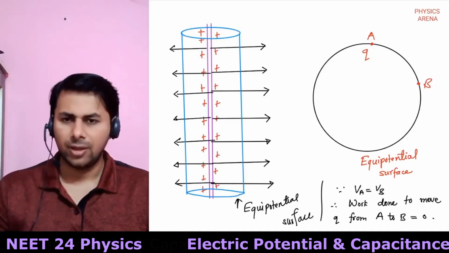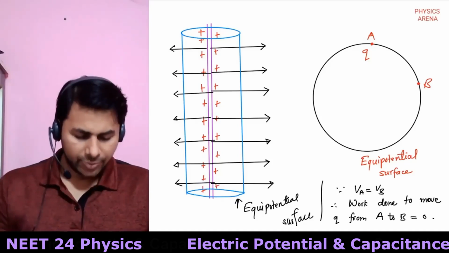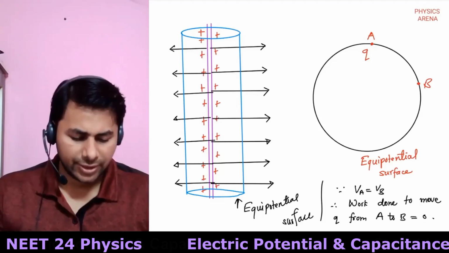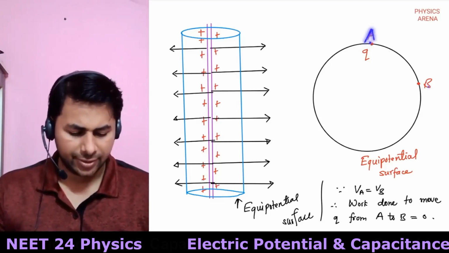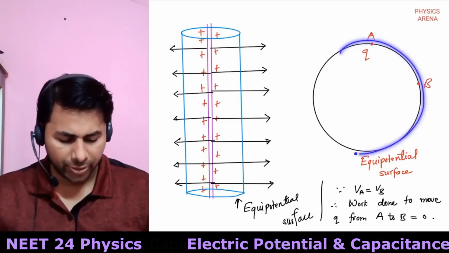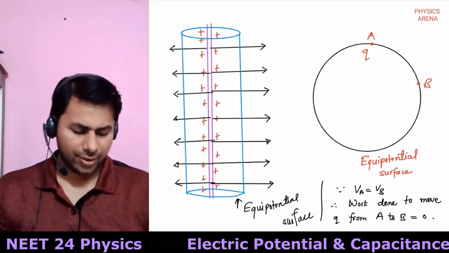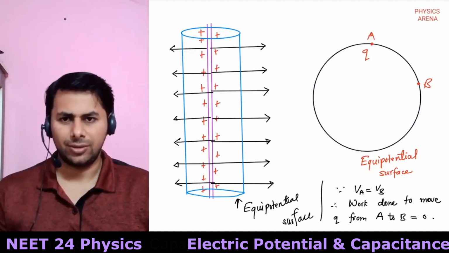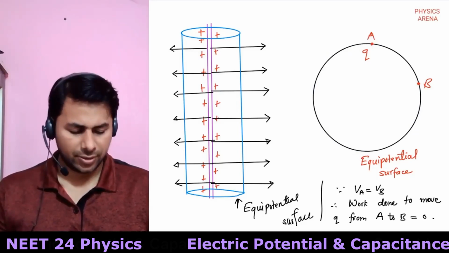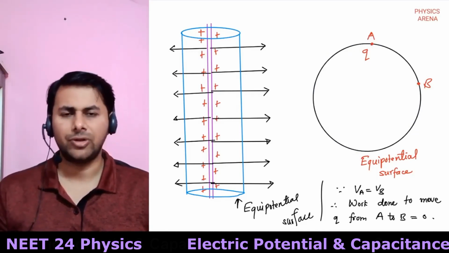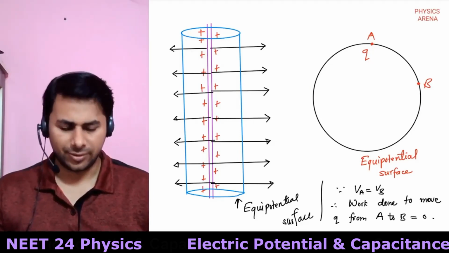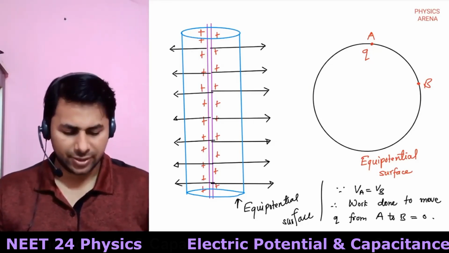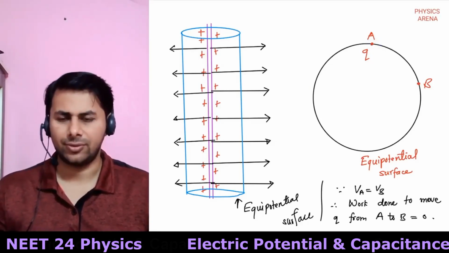Now the next point is, when you move a charge from, let's suppose, this point A to point B on an equipotential surface, there is no work done. Why is work done equal to 0? Because the potential is not changing, so work done will be equal to 0.